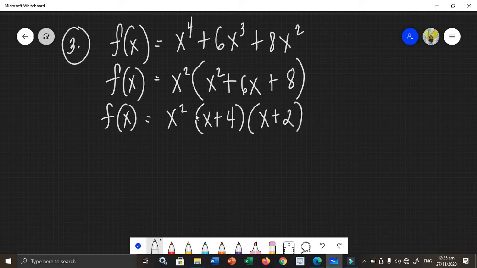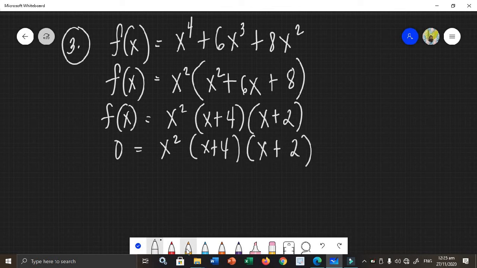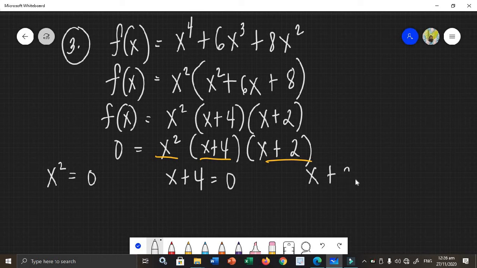You can check if your factors are correct using the polynomial multiplication method. And then we need to equate the whole equation to 0. Right after this, we need to equate the factors separately. So we have 1, 2, and 3 factors. So equate natin sila individually. So x squared is equal to 0, x plus 4 is equal to 0, x plus 2 is equal to 0.